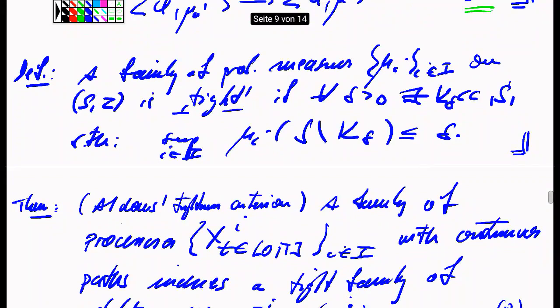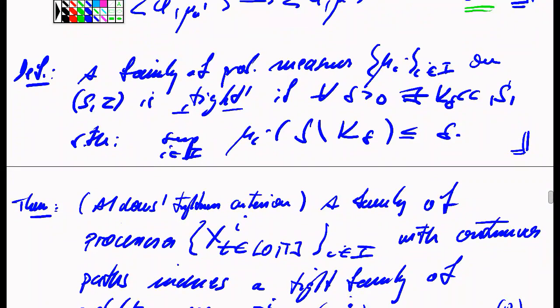Before we actually apply the Prokhorov theorem, we want to highlight one piece of lingo here. So we say that the family of probability measures on a topological space is tight.